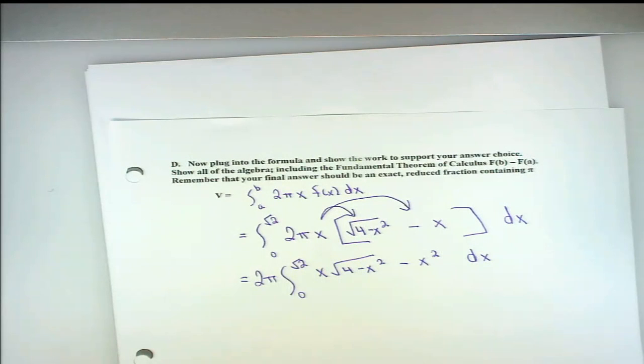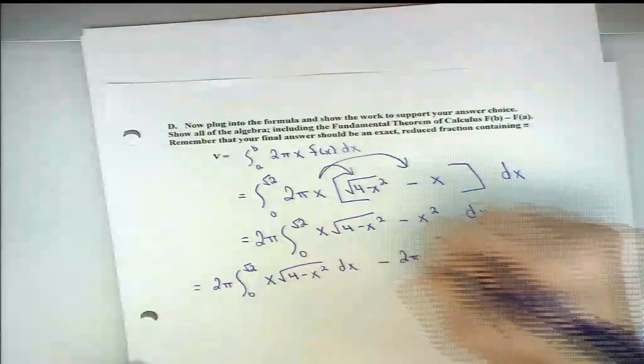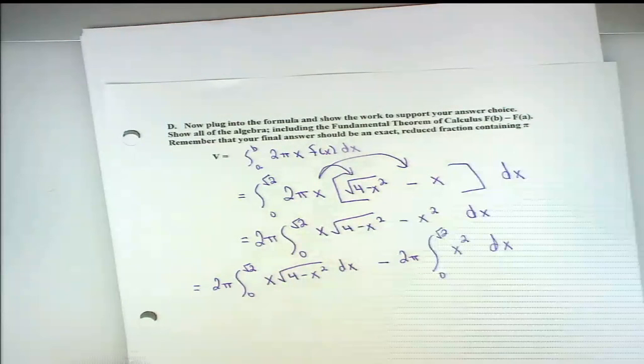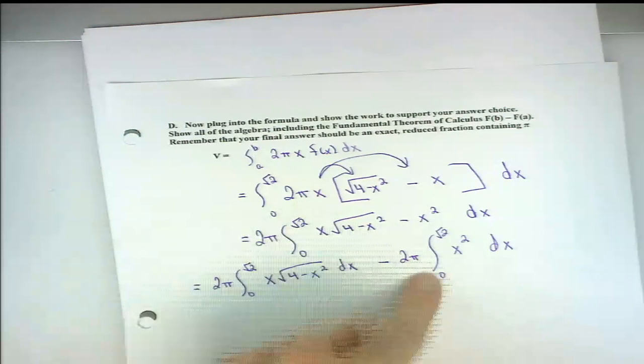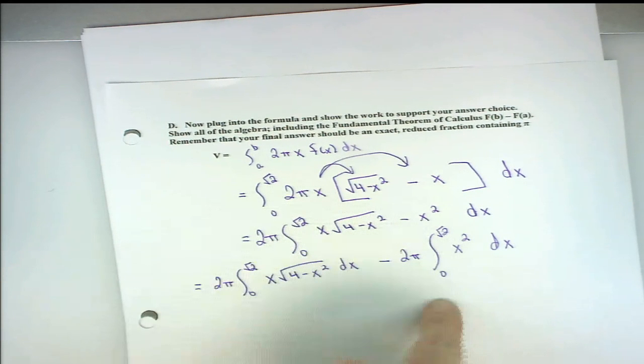And then what I did is I split it into the integral from 0 to square root of 2 of x times the square root of 4 minus x squared, and then I said minus the integral from 0 to those. This one's going to involve u-sub. This one does not involve u-sub.